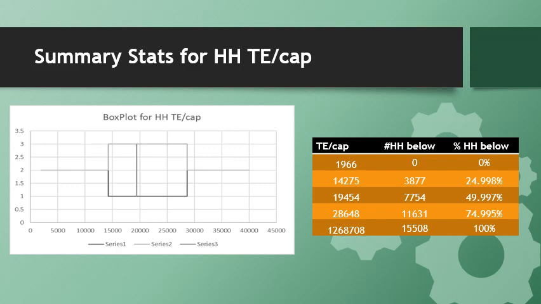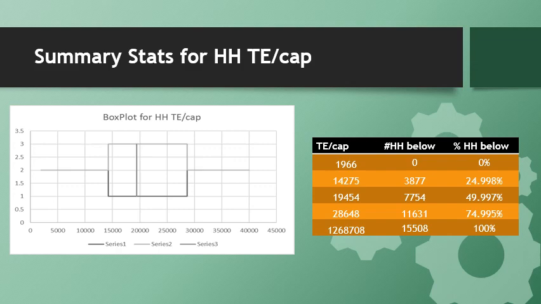So this means that about 1/4 of the households had expenditure below this amount, 14,275 rupees. If you calculate exactly, it turns out 24.998% of households are below this value. Now, if you take 14,275, this will go slightly above 25%. And that's exactly what we mean for the first quartile.